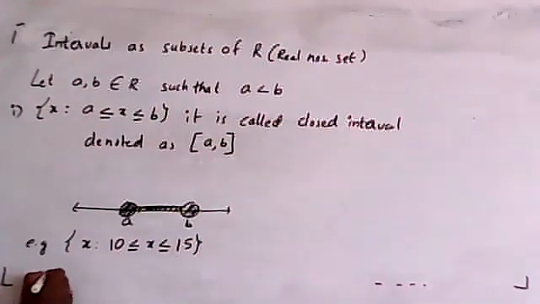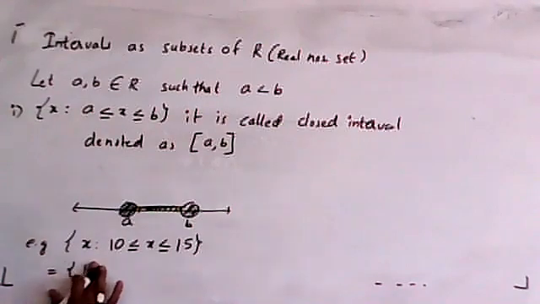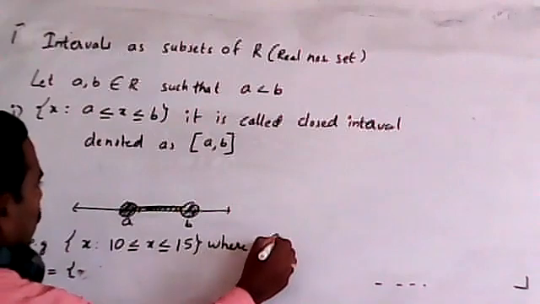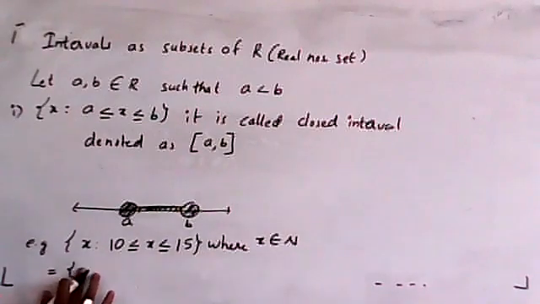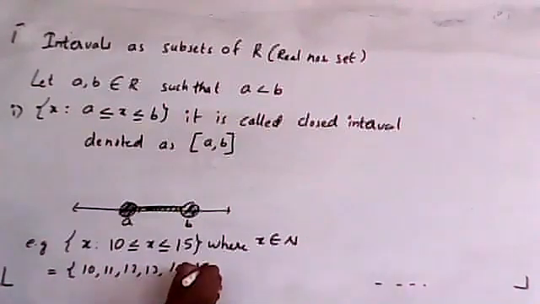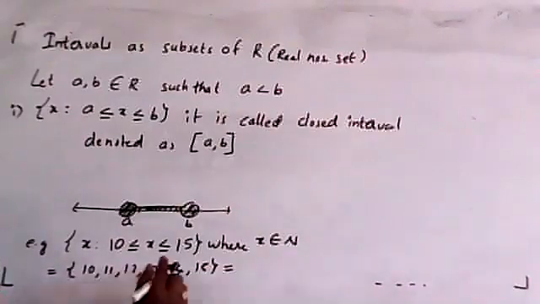This is nothing but 10, 11, where x belongs to the natural number set. So here I can tell that 10 is counted, 11, 12, 13, 14, 15. Are you all able to see this? This is nothing but the same I can write in this way.